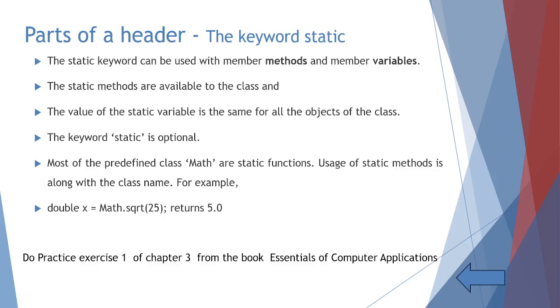Math class methods are static methods, and Math.sqrt, Math.pow, like that we need to call. Do practice exercises 3.1 of chapter 3 from the book Essentials of Computer Applications. This is the second book.